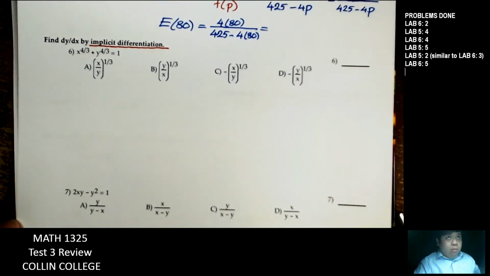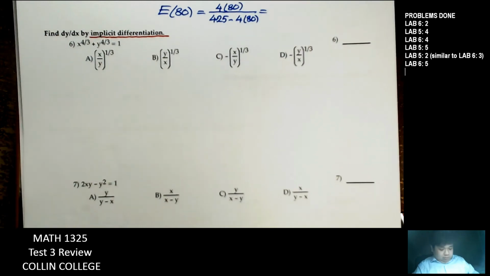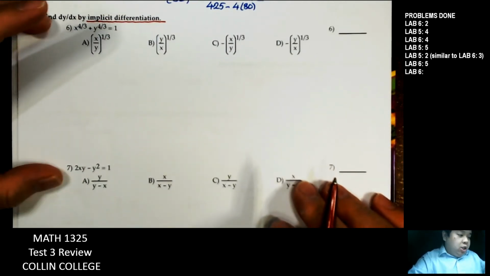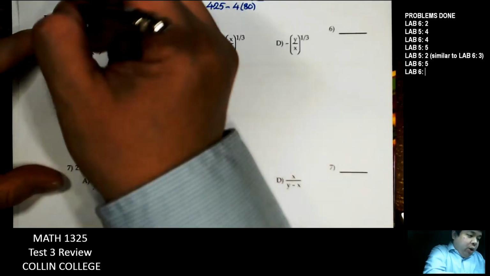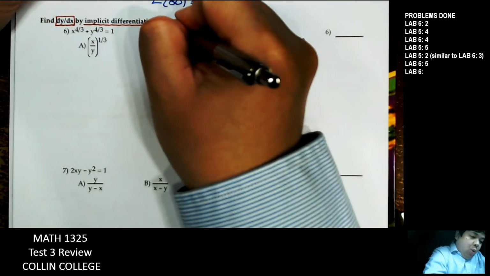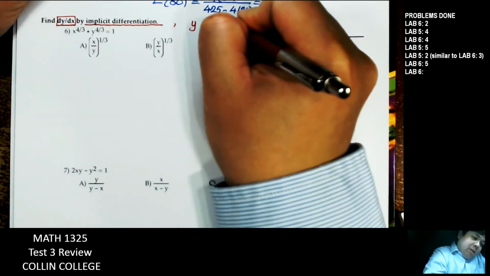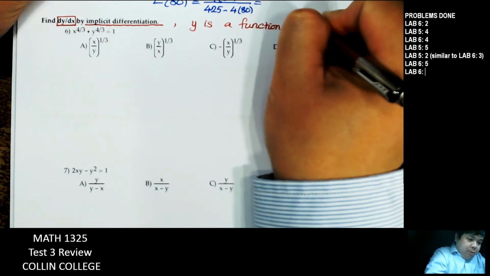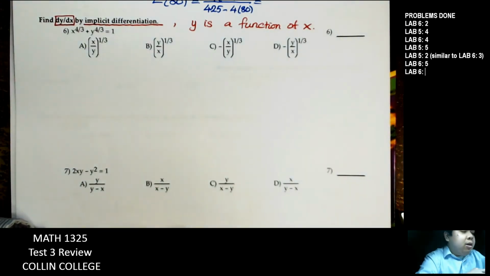Number 6 is actually easier than 7, so I'll go with the more complicated problem. But overall, for those two questions, we are asked to find dy over dx, meaning that y is a function of x.